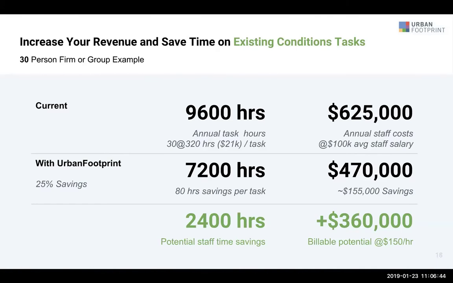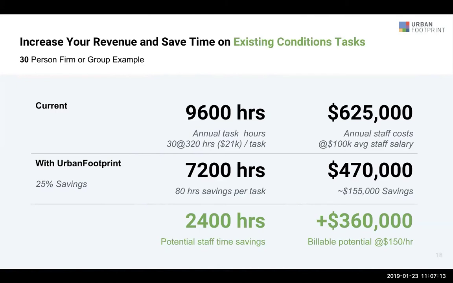That means that they'll spend 9,600 person hours per year, which translates into about $625,000 in staff costs. Using Urban Footprint, that firm has seen a 25% decrease in the time they spend on the existing conditions phase of a project. So now they are only spending 240 hours per project, saving the firm roughly $155,000 per year in staff costs.